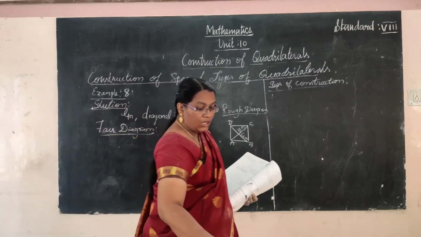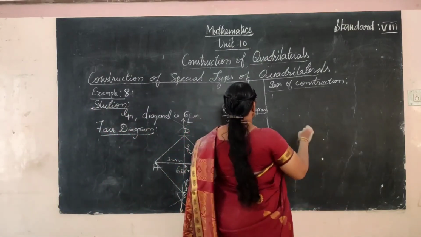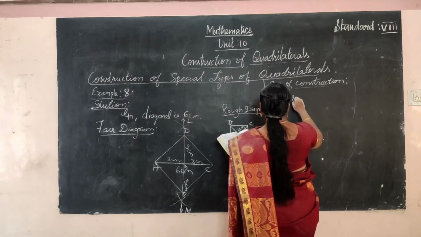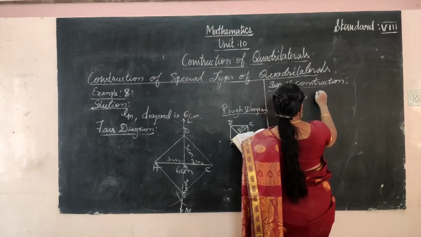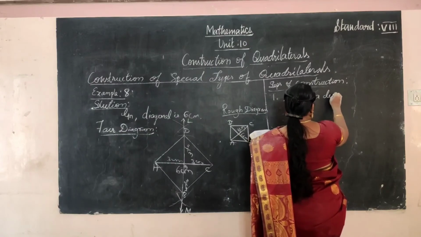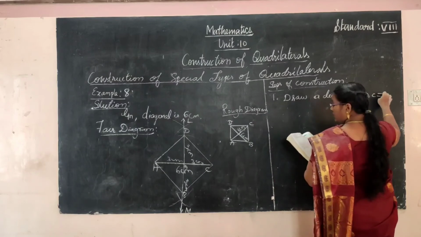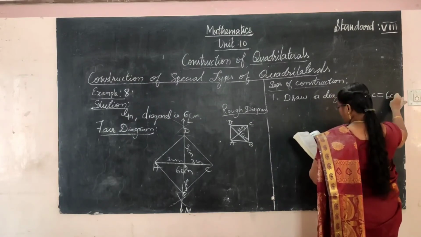Now write the steps for construction. The first one, draw the diagonal AC equal to 6 centimeter.